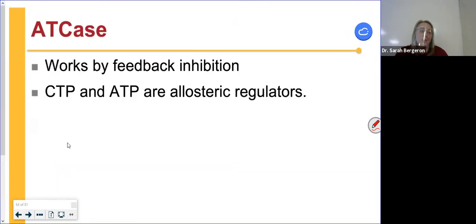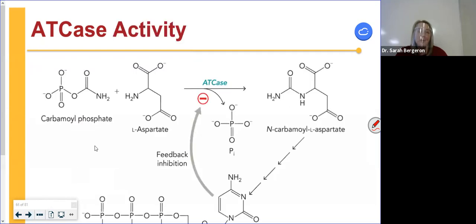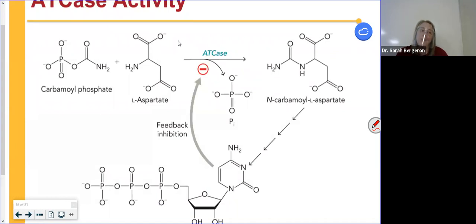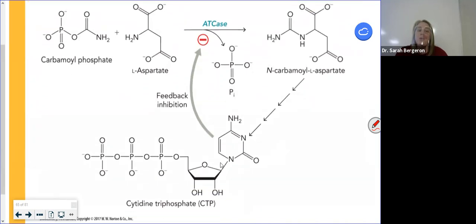So here's our example, ATCase. This works by feedback inhibition, and we have two molecules that are allosteric regulators, CTP and ATP, the same ones that we talked about just a second ago. If you want to promote the activity of this enzyme, what do you need? You need to make sure that you're not making too much product. At the end of this entire pathway, ATCase is one of the very first enzymes that's required to make CTP.